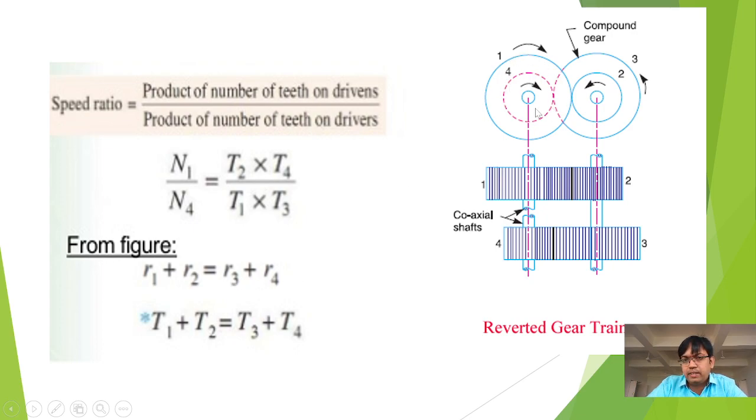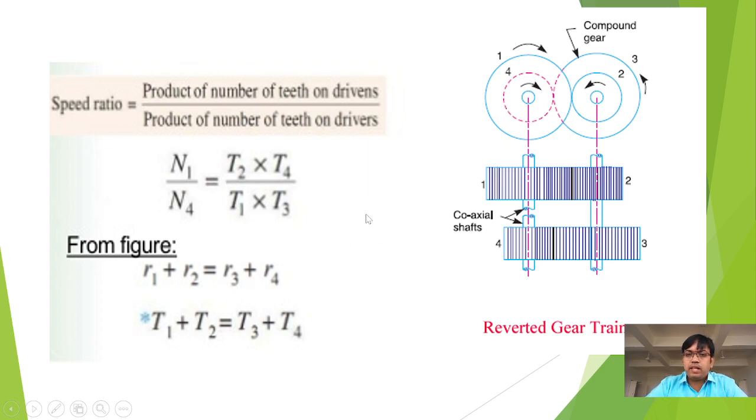You see the radius of gear 1 from here to here, R1, plus the radius of gear 2 from here to here, R2, is equal to the radius of gear 3 from here to here, and the radius of gear 4 from this point to the center of the output shaft. Therefore, it can be written as R1 plus R2 is equal to R3 plus R4.